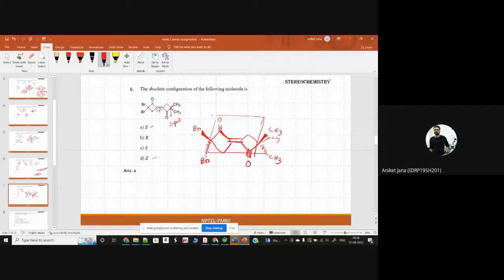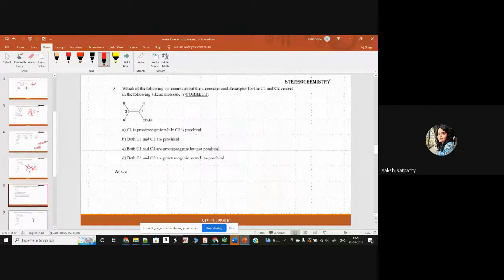From the double bond, it is showing that the two higher priority groups are in the opposite direction, so this will be designated as E. Okay, any confusion? No, sir.